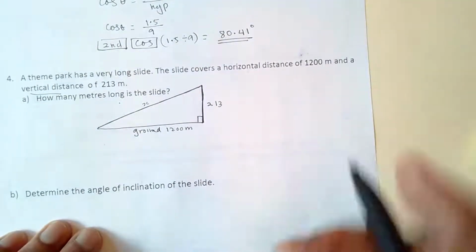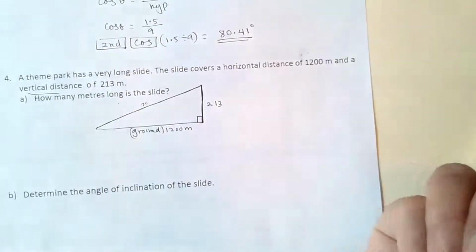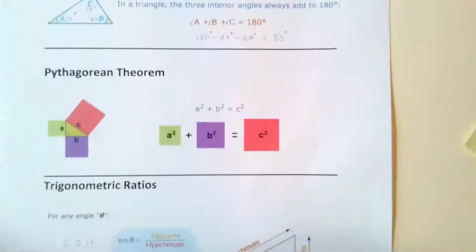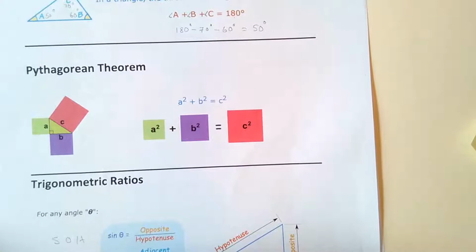Now, in this case, they're asking you to find the side. So since they're asking you just to find the side when given two sides, we then apply the Pythagorean theorem. Okay.